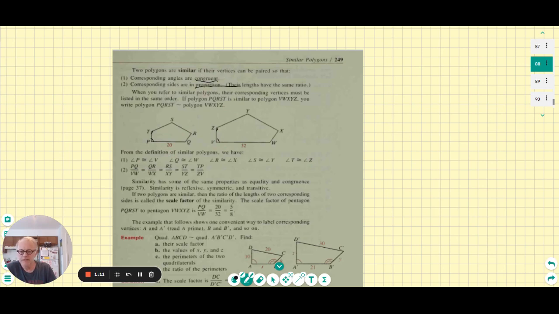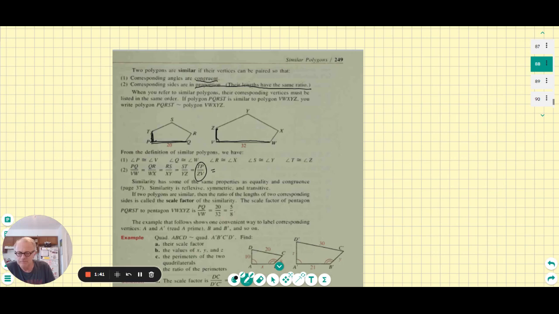In other words, their lengths have the same ratio. So PQ, which is 20, over VW, which is 32, is a ratio of 20 to 32. Every other side will have the exact same ratio, like PT and VZ. They might not be the same numbers, but they would have the same ratio.